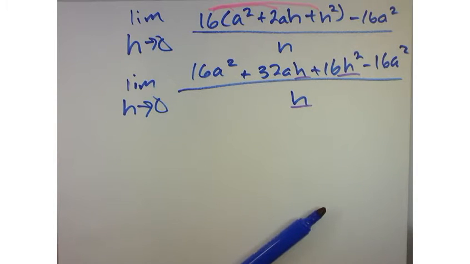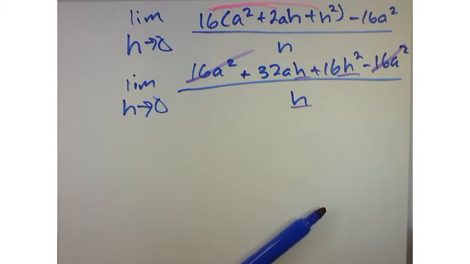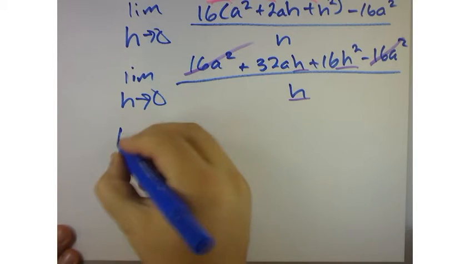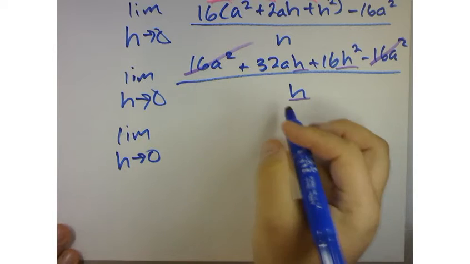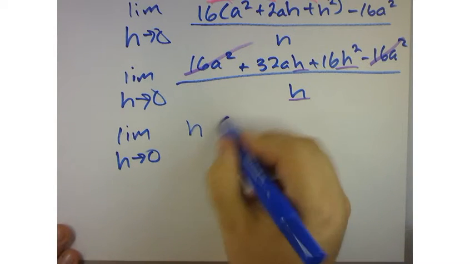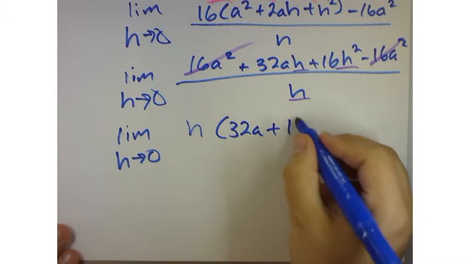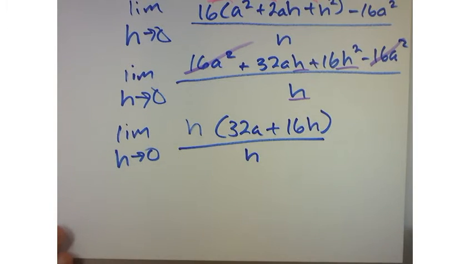Anything that does not have an h will cancel. That's no accident. It's rigged up on purpose so that I could do this step. If I factor out an h, I'm left with 32a plus 16h all over h. Give you guys a second to let that soak in. Did I do it right?